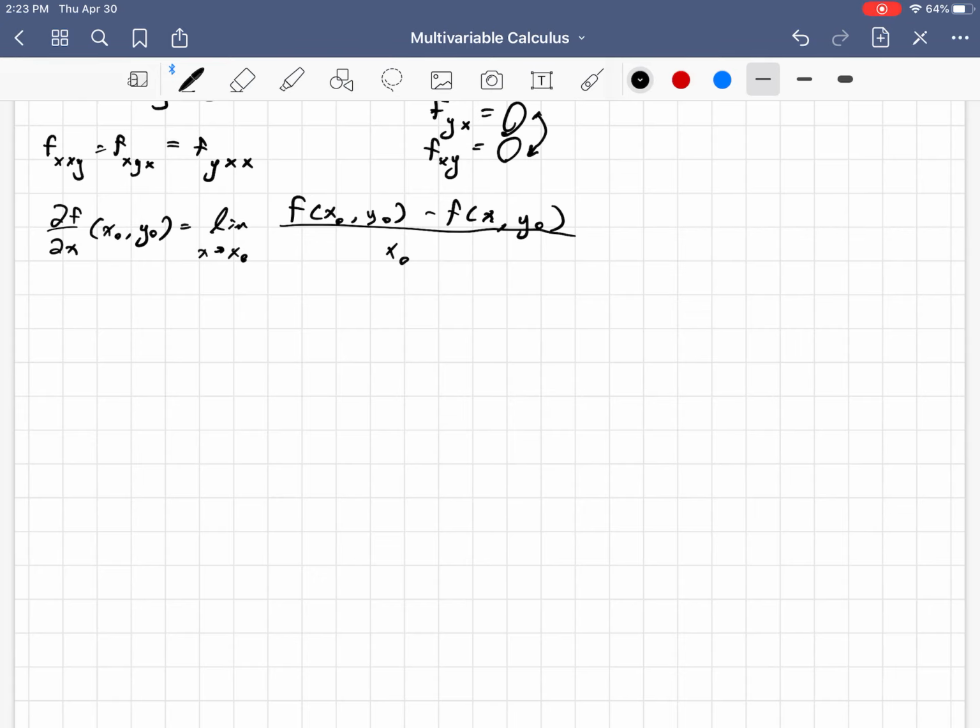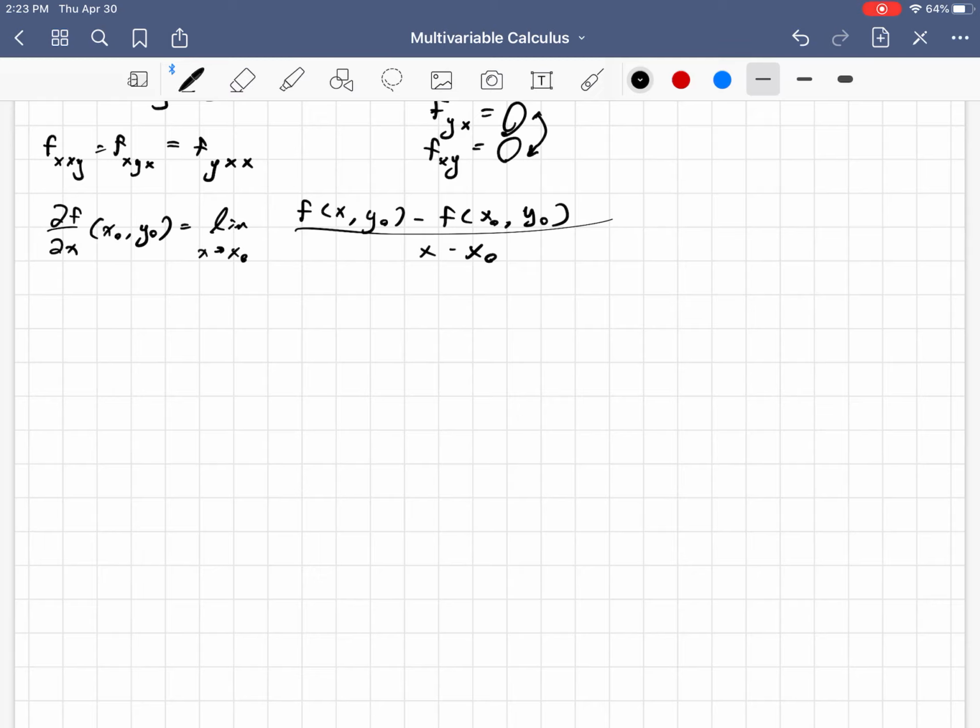Okay, let me try that again. It's going to be the limit as x approaches x naught of f of x comma y naught minus f of x naught comma y naught over x minus x naught. Okay, so sorry about that.